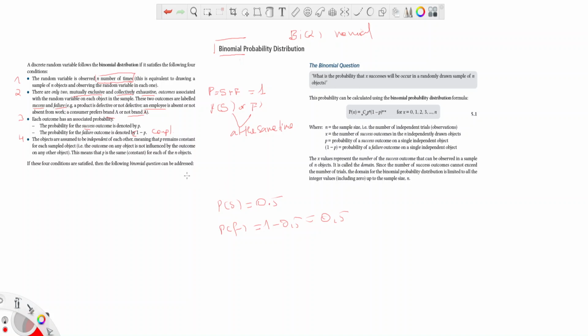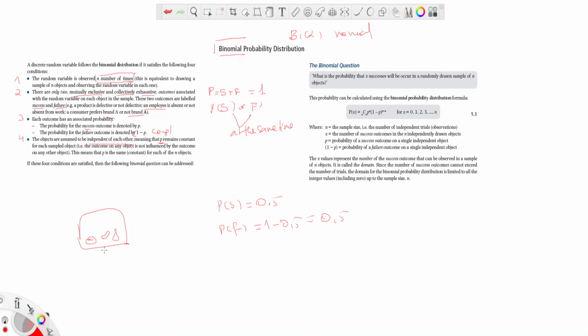The last one is the objects are assumed to be independent of each other, meaning that the P remains constant for each sampled object, which means that at every trial, every time we measure this, the outcome of one does not affect the outcome of another. Let's say you do have a store. You sell 3 products. This is, let's say, tomato. You have banana and maybe peach or pear, whatever this fruit is.